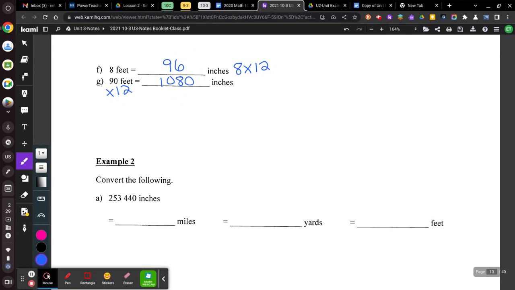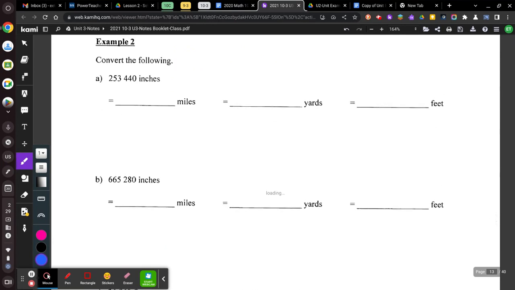Okay, all right, so now on this one, we have inches. Inches is way up here. We have to go to miles. We're going down, so we're going to divide by that number. So we're going to take our original number, 440, divided by, the fraction line means divide, 63360.